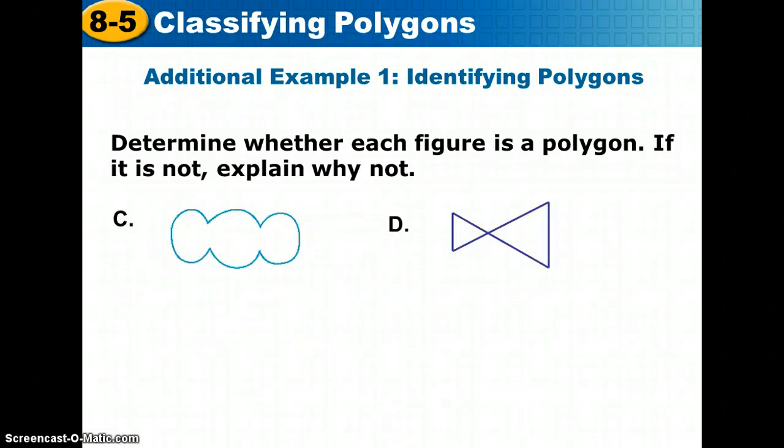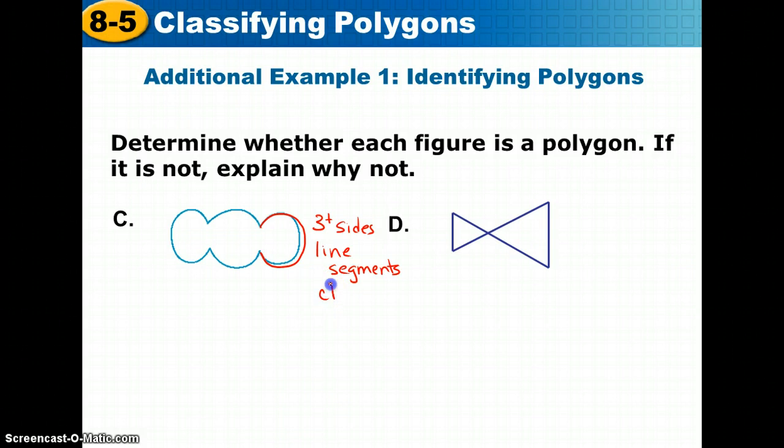Let's see if these are polygons or not. Now, we talked about sides, and we need to have at least 3 of them. But what do we need to make sure about those sides? They have to be line segments. Are these line segments? That's what you want to ask yourself.